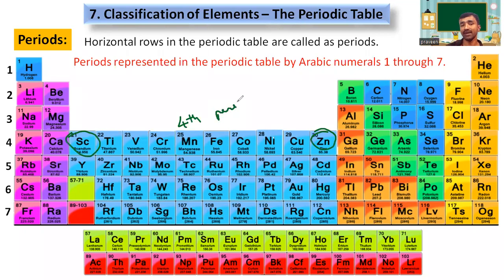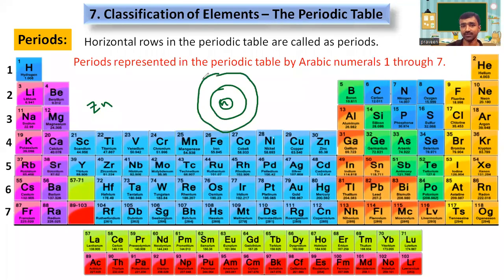But the outermost shell, look here. For example, I have taken zinc. So nucleus. How many shells? K shell 2, L shell 8.